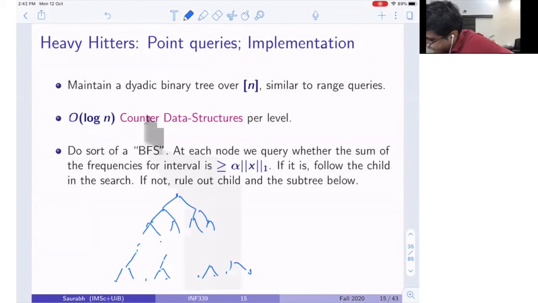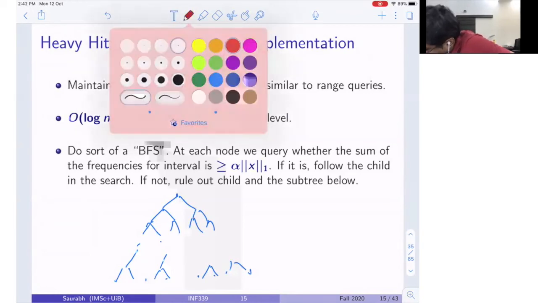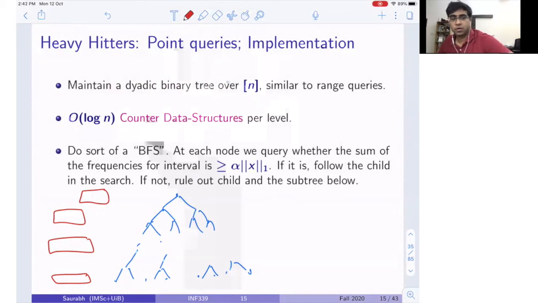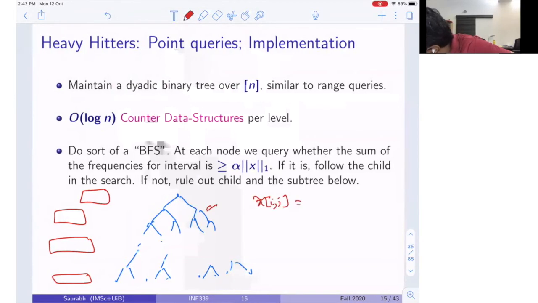Per level, we have a data structure which returns, suppose I'm storing the frequencies, x tilde i comma j at this level for a particular interval.